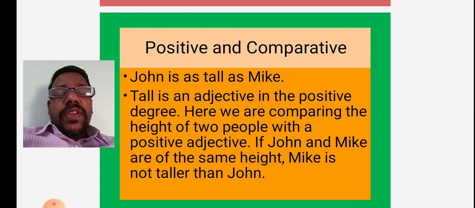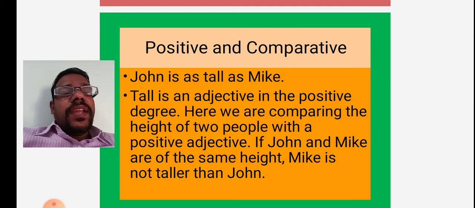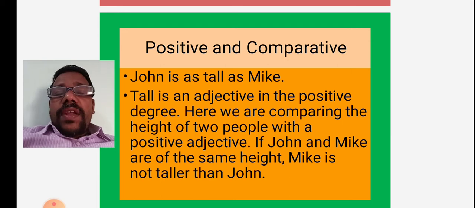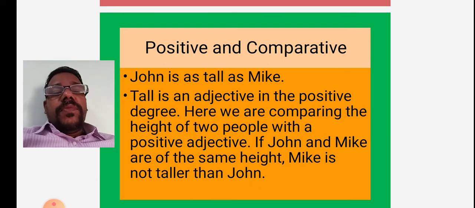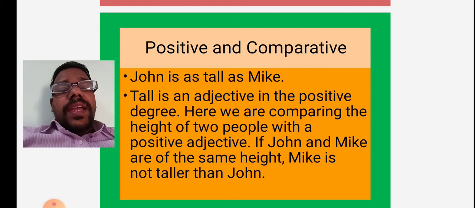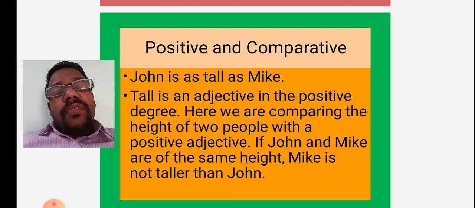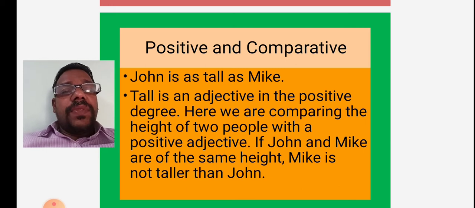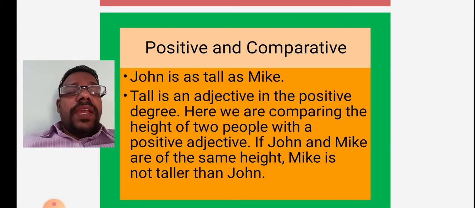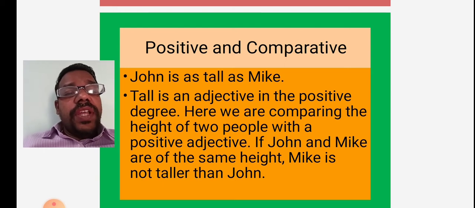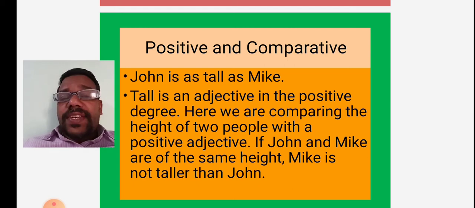Very often students make this mistake. Tall, convert that into taller. So the comparative form is made. That is the idea of many. But that will change the meaning of the particular sentence. If we say John is taller than Mike or Mike is taller than John, it will say that one of them has got more height.